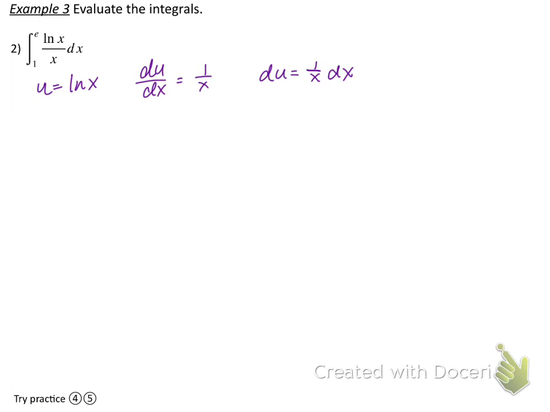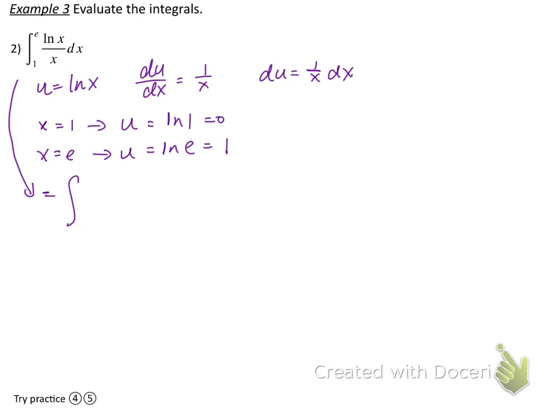Since I'm having a definite integral, I need to change the limits as well. x equals 1 goes to u equals ln 1, that's 0. x equals e goes to u equals ln e, and that is 1. Then my integral becomes from 0 to 1, ln x is the u, and 1 over x dx is the du.